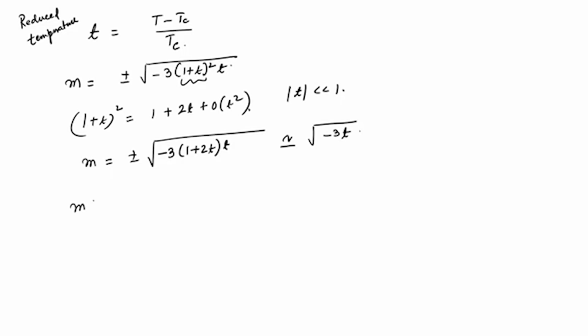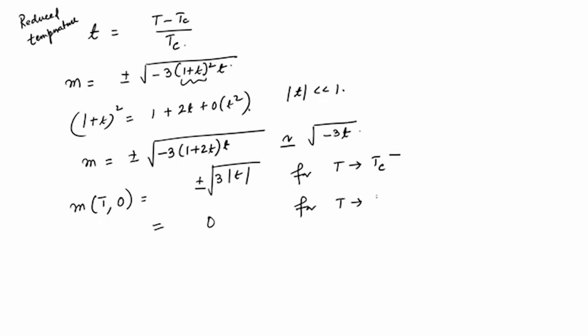So, one can write it as m(t), and really we are talking about zero field. So, this is equal to plus minus a (minus 3t) to the power half for t tending to T c minus, and it is equal to 0 for t tending to T c plus. So, if you are approaching from above, then it is equal to 0.